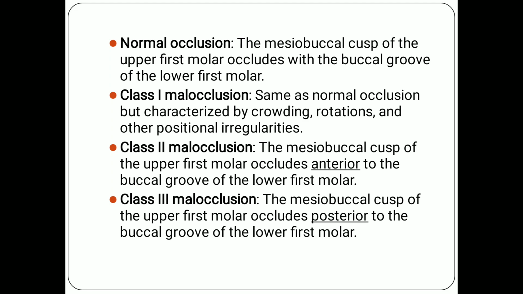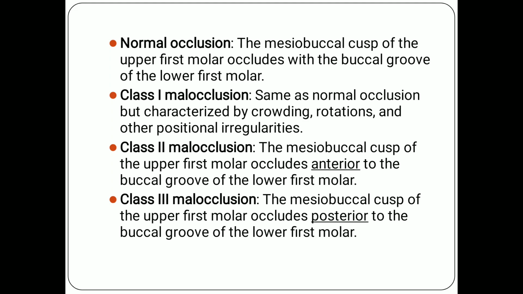Now coming to what is occlusion, then when we call it a malocclusion, and in that malocclusion, class 1, class 2 and class 3. Just remember, you all know what is normal occlusion, class 1 occlusion. What is class 1 malocclusion? It will be the same as normal occlusion but characterized by crowding, rotations and other positional irregularities.